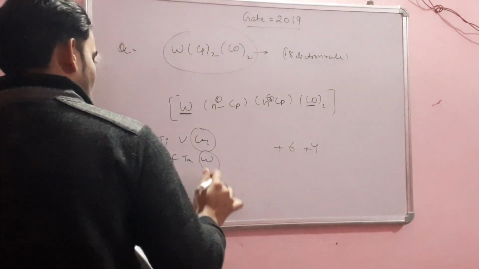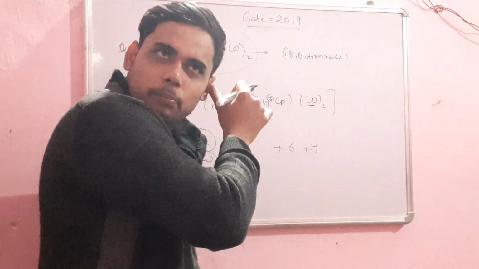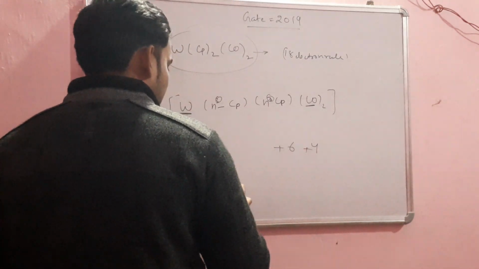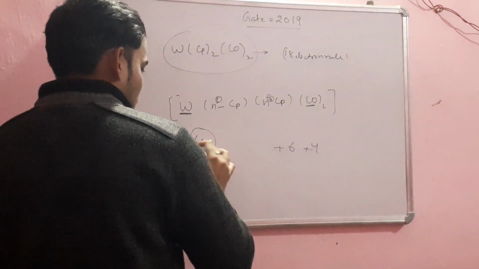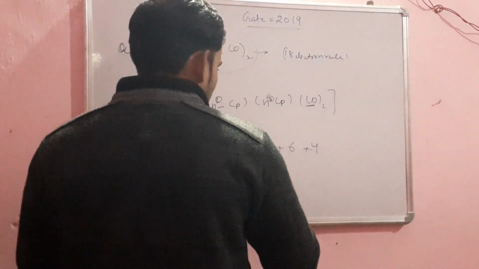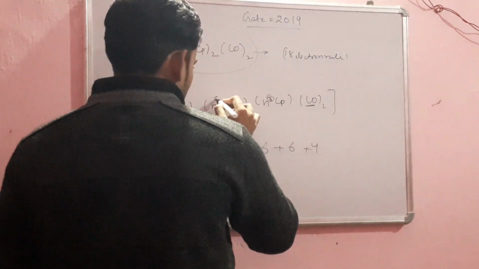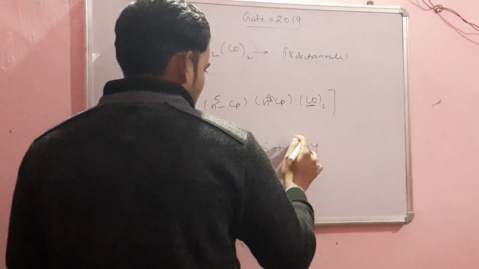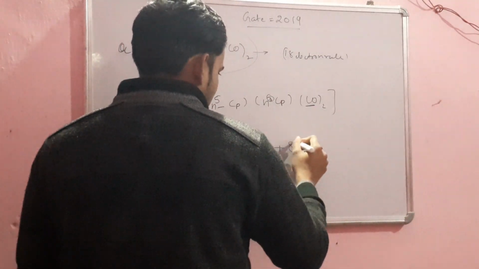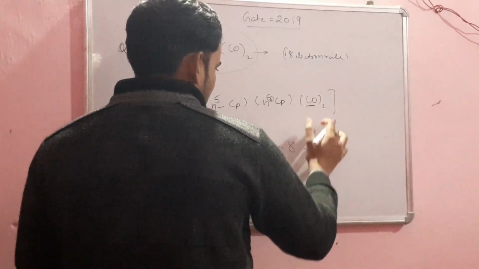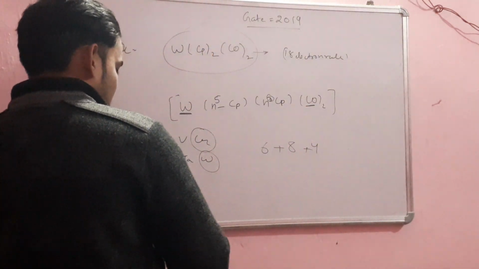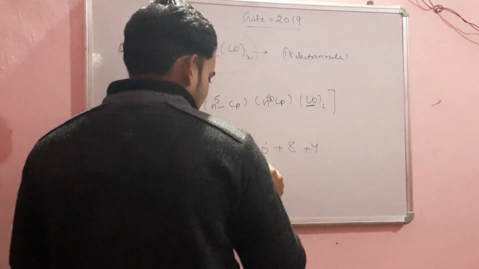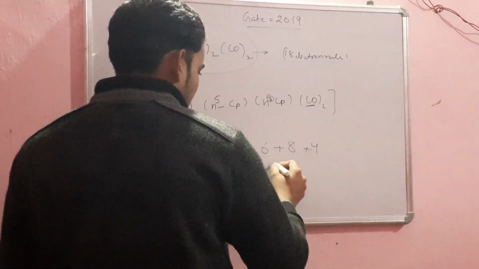We have chromium group for this tungsten metal, so the group number is 6. So it is 5 and 3, which equals 8. We have this 8, and this equals 4. You know that for this we have a group number of 6, and if we calculate it, it becomes 18.